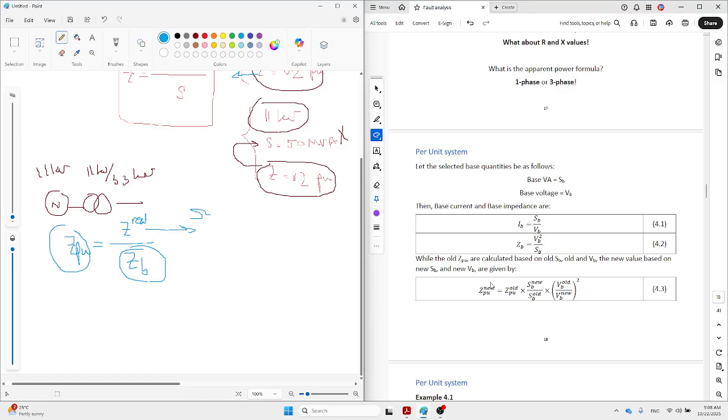Or the other way, we can use this technique, where Z per unit on the new basis is the Z per unit on the old basis times S base new over S base old, times V base old over V base new, squared. Don't forget, be careful, this is old, new.